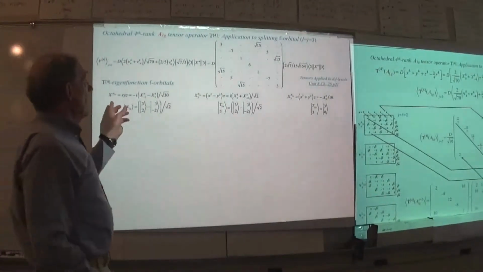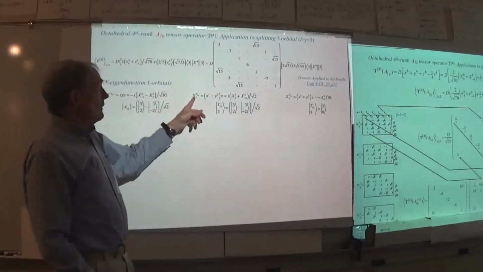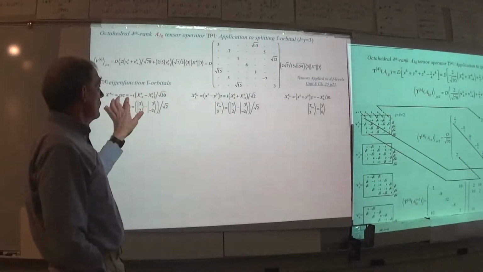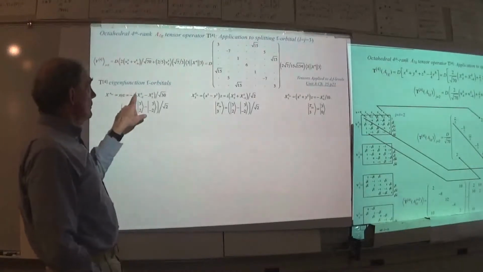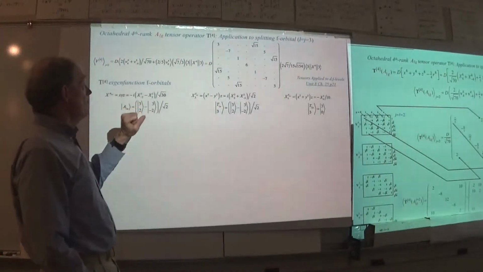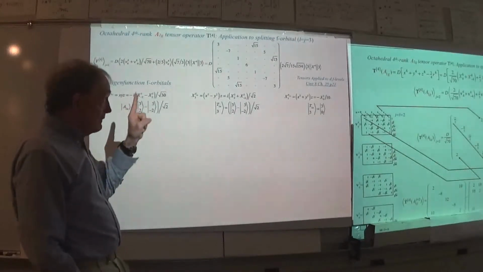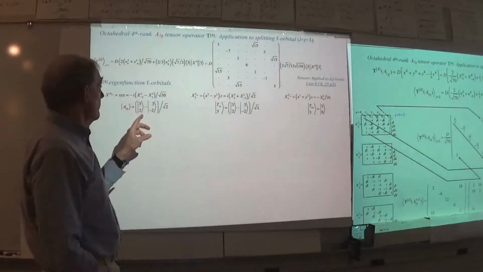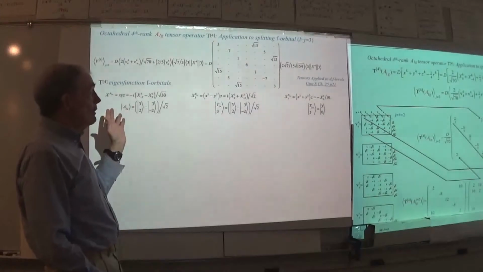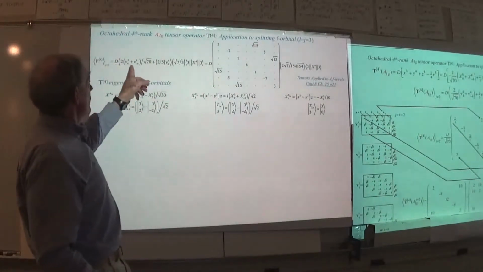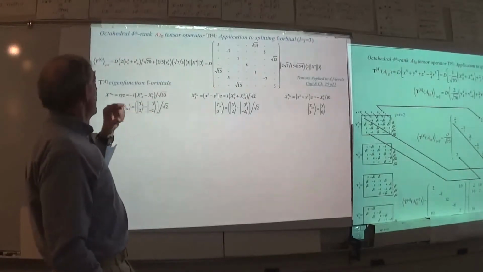Remember, when we did the top-down thing, we didn't go this far. We didn't go and look at the cubics too closely. But x, y, z was a difference between 3 sub 2, plus or minus. That's one eigenvector that this is going to have. It's going to belong to A2U of the octahedral group. This is an octahedrally symmetric combination here.